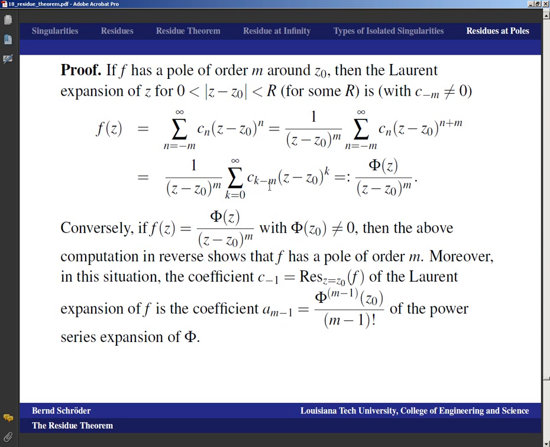Our c negative m is the 0th coefficient of the power series expansion of phi, and c negative m plus 1 is the first coefficient of the power series expansion of phi.